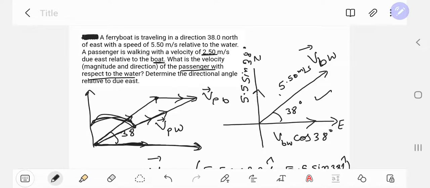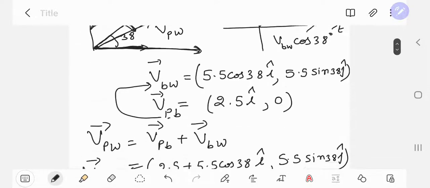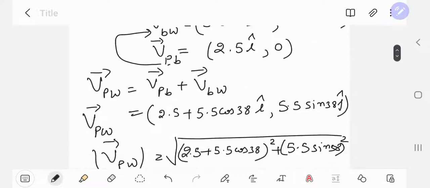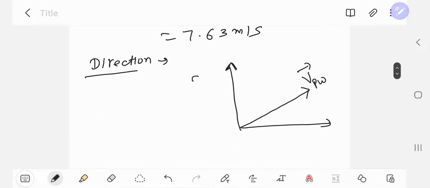So I will use this component, which is 5.5 sine 38, that is the y component, and this will be the angle between them.